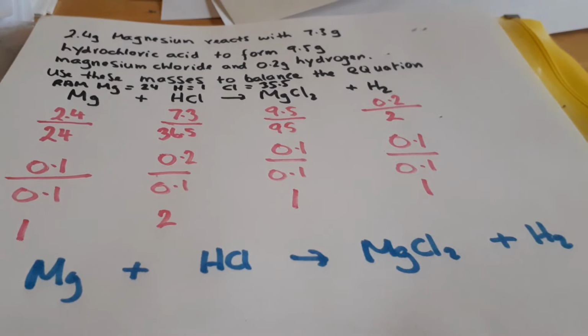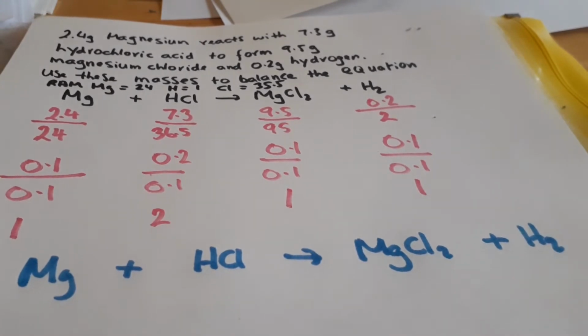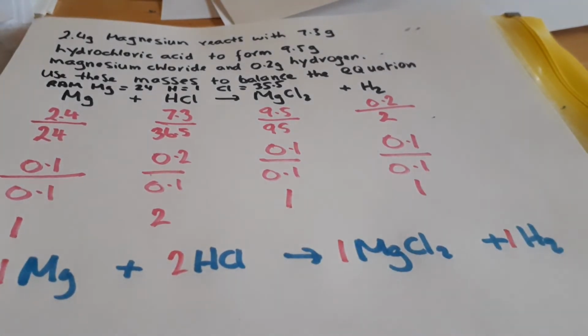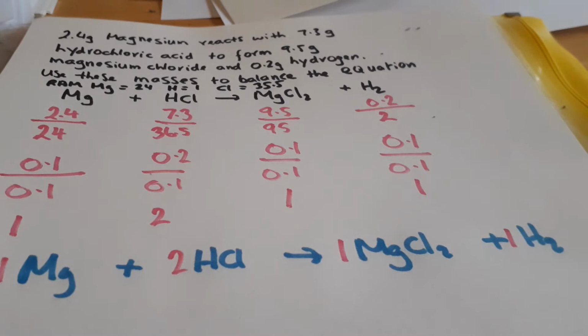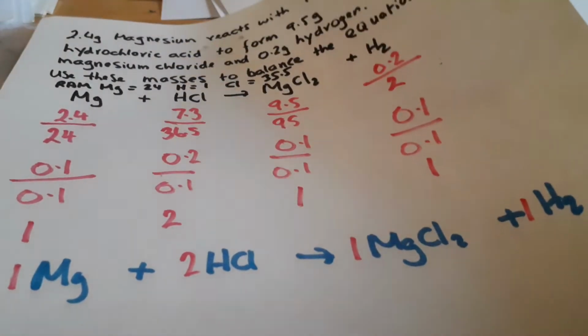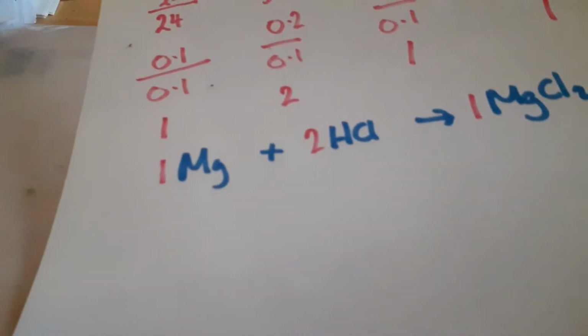Now, from what we've worked out, it will be 1 there, 2 there, 1, 1. Now, we wouldn't bother with the 1s normally, so it'll be just Mg plus 2HCl goes to MgCl2 plus H2. Using very similar techniques to what we've used all the way along. Now, let's look at another one.